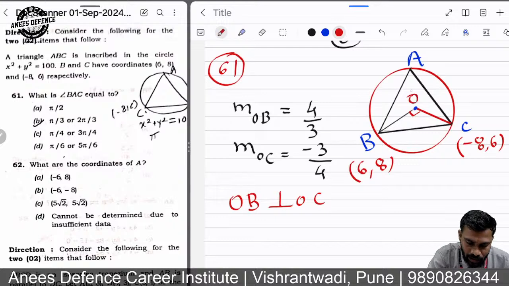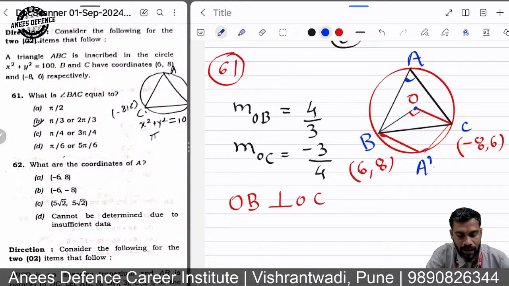If this is 90, using the property, this angle should be 45, right? This is the property. So angle A can be here and A can be here. Let us consider A dash.